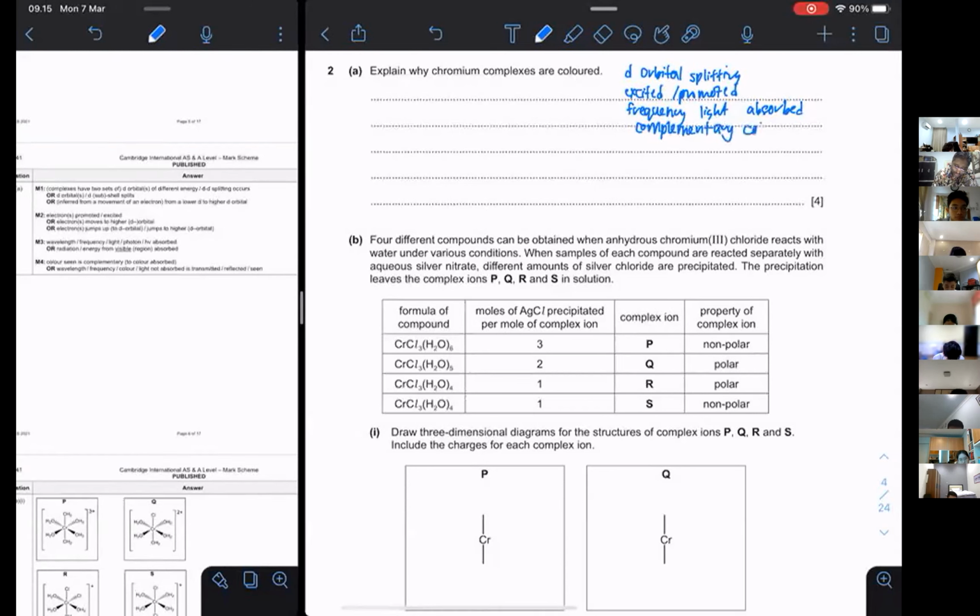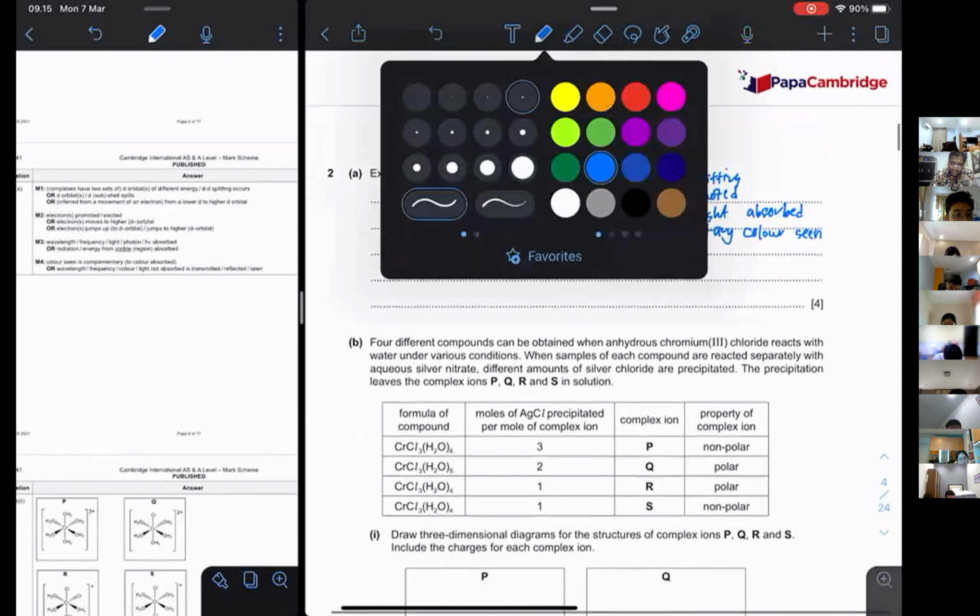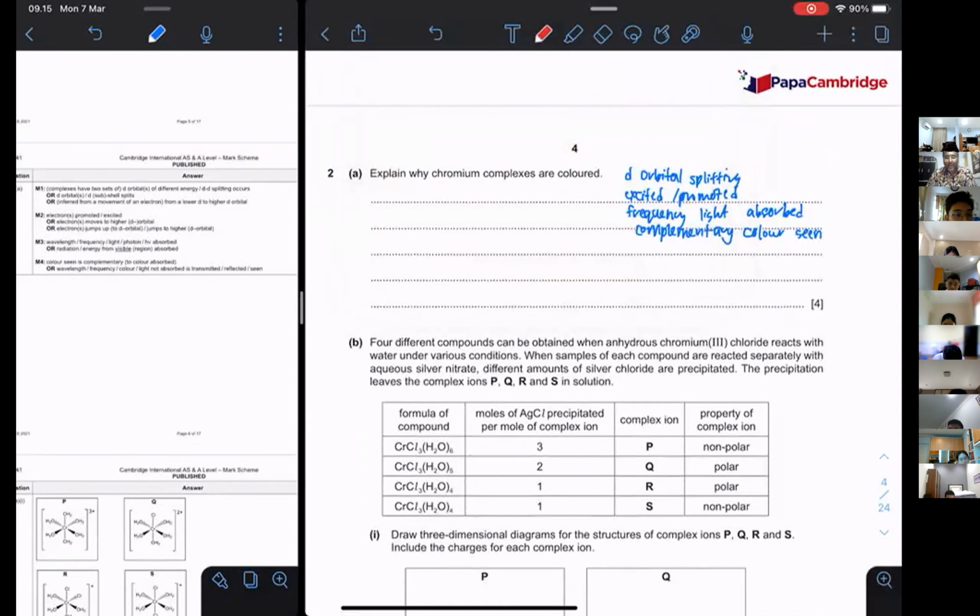I think you would have seen this many times, okay, even in the previous 2 papers that we have done, you would have seen the same thing. And you can see it's 4 marks, okay, but I want you to learn additional points, okay. Rather than simply saying d orbital splitting, I want you to include, because of the new syllabus, there are new terms that are included.